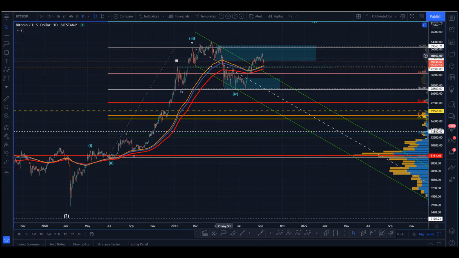I see so many posts on Twitter where it's just like, hey, there's your support, there's your resistance. There you go, right? So it comes down here, I'm buying, comes up here, I'm selling. You didn't have to memorize anything. You barely had to learn anything. You had to know how to recognize a pivot and draw a line. All right, so I understand the appeal to that. So why not do that?